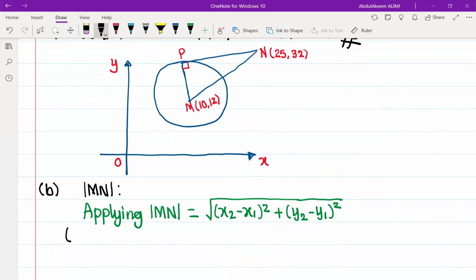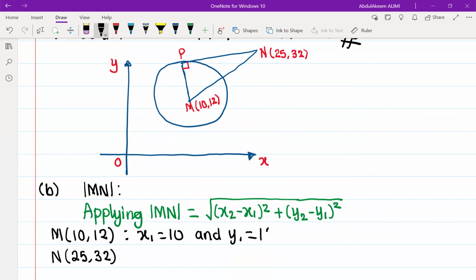So when I have this now, I have the first coordinate, which is for M, that is 10, 12. And I have the second, which is for N, that's 25, 32. So my x1 is equal to 10 and y1 is equal to 12.